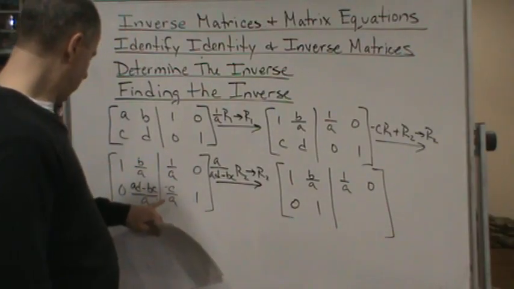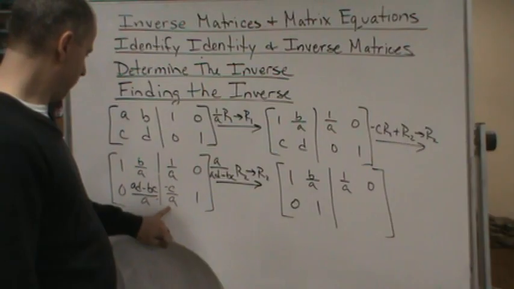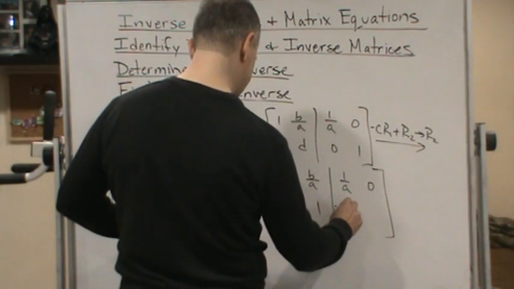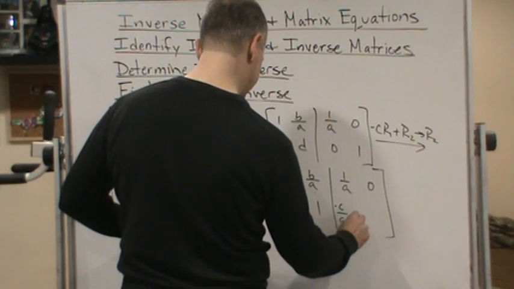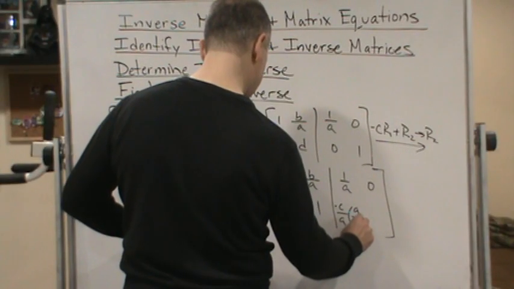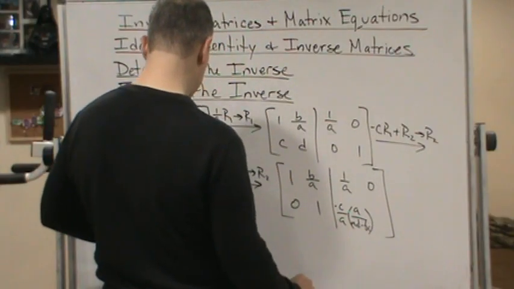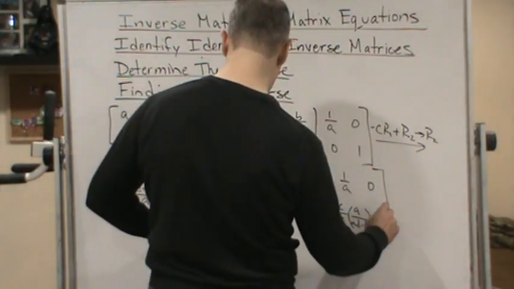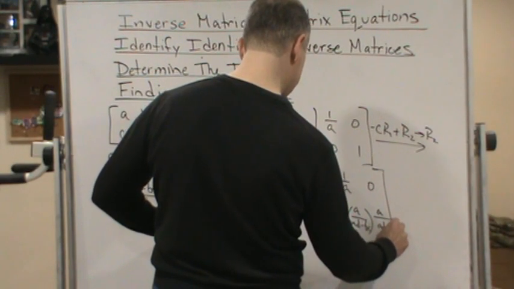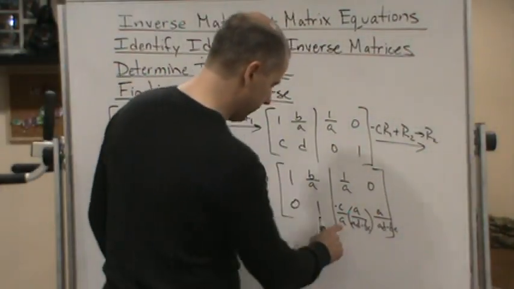Now, this is going to be negative C over A times A over AD minus BC. And this is going to be A over AD minus BC. Okay? Now notice, let's simplify this here.